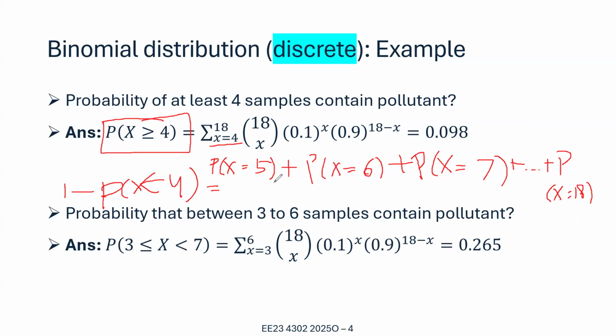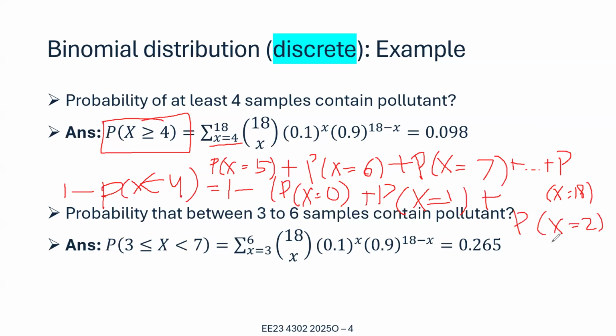This should be shorter because it's P(X=0) plus P(X=1) plus P(X=2) plus P(X=3).